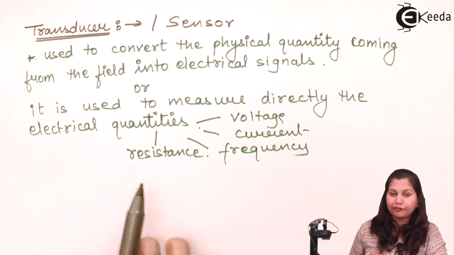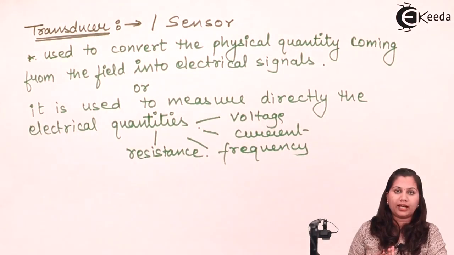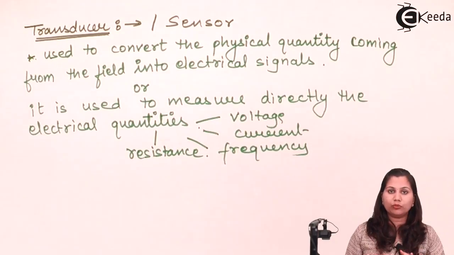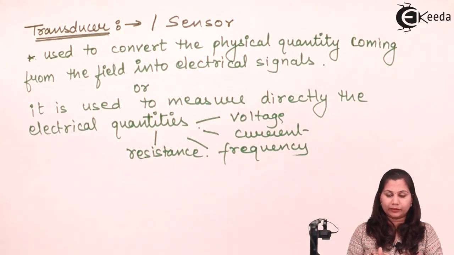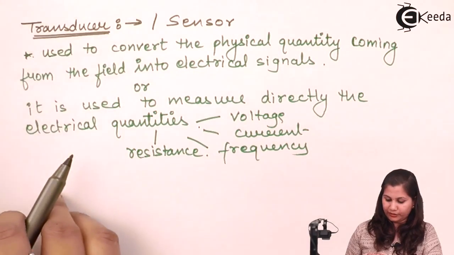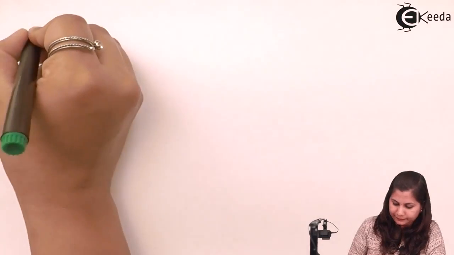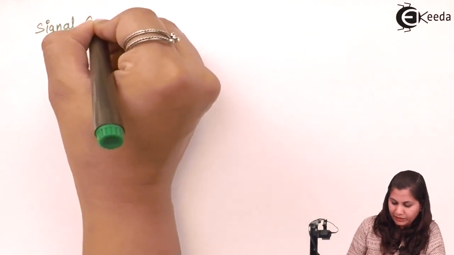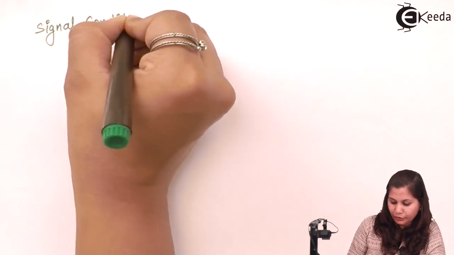So that is the first component of the data acquisition system, which is acquiring the data from the physical world or the environment. Okay. Next component is the signal conditioner, or we can say the signal conditioning unit.